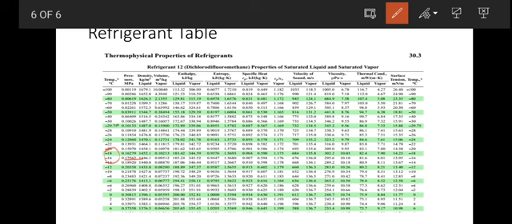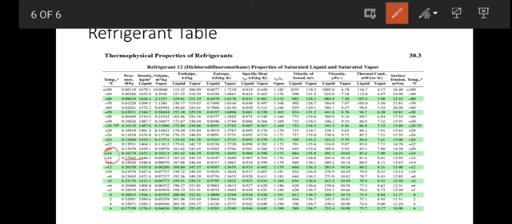The density of the liquid is 1452.1 kg per meter cube. The volume of vapor, meter cube per kg, is 0.10213.